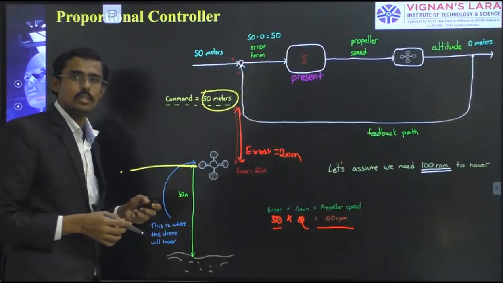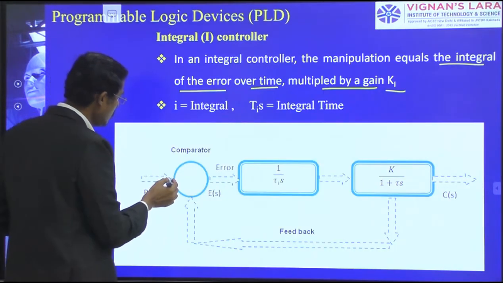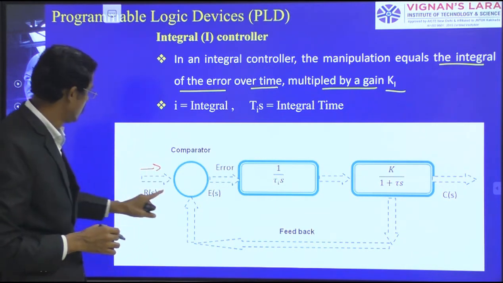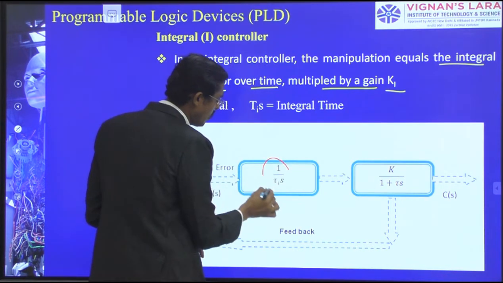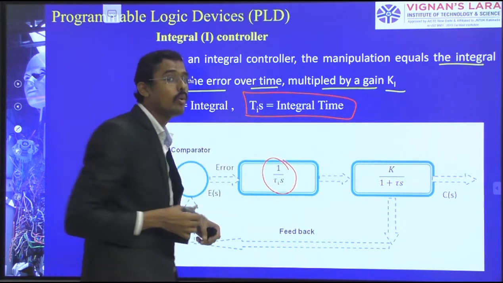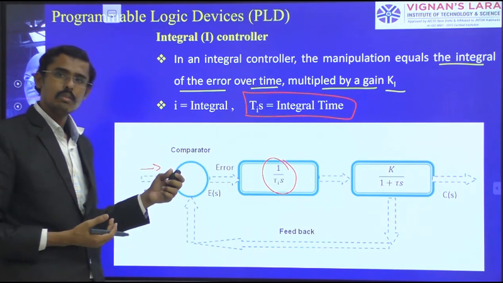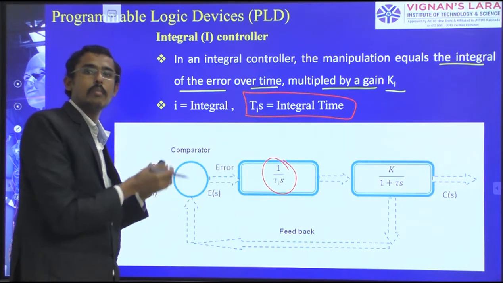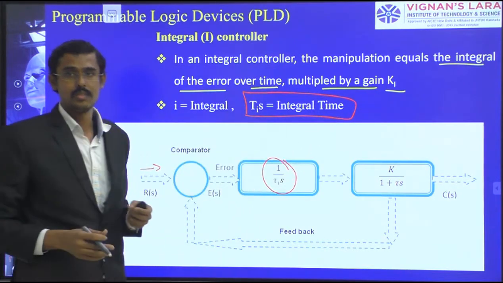You see, here we have the input given, so the comparator, and here I have taken 1 by TiS, that is nothing but the integral time, how fast we should do this. Now the time reduction will happen with the comparison of the past errors. We can do it quickly and avoid this long time-taking process.